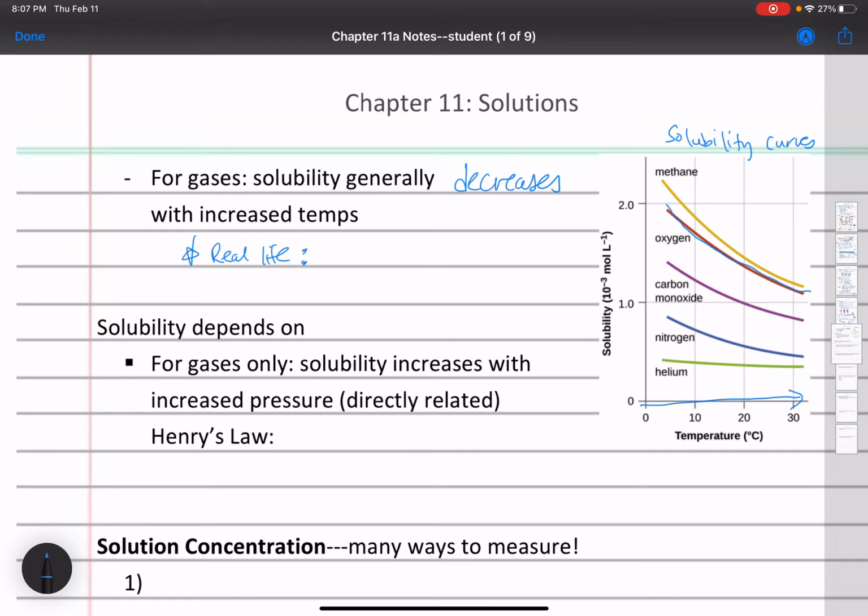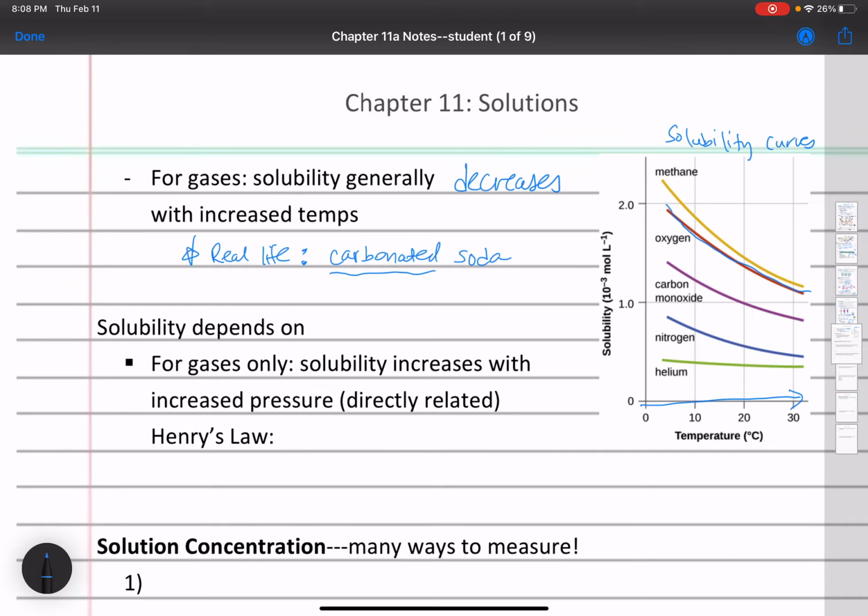The real life example here is, think of carbonated soda or carbonated beverages. When they are cold, they stay carbonated better. And when they are warm, they go flat. In other words, they lose the carbonation. Carbonated, by the way, just means they have dissolved carbon dioxide in them.